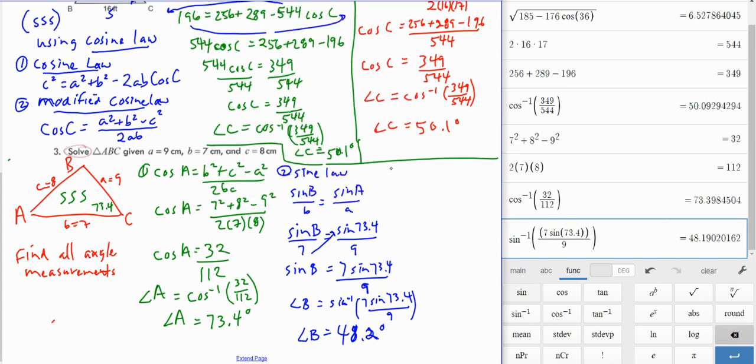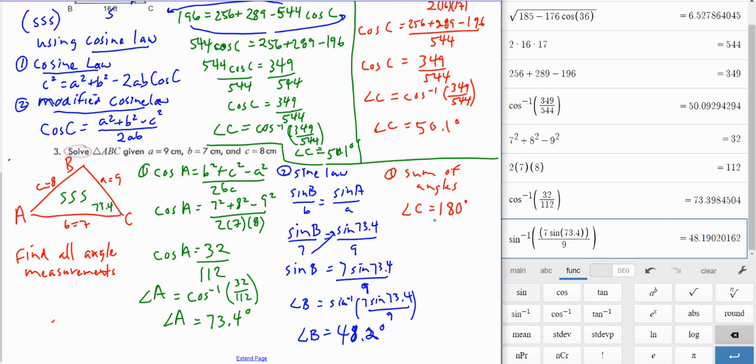Sum of angles. So angle C is going to equal 180.